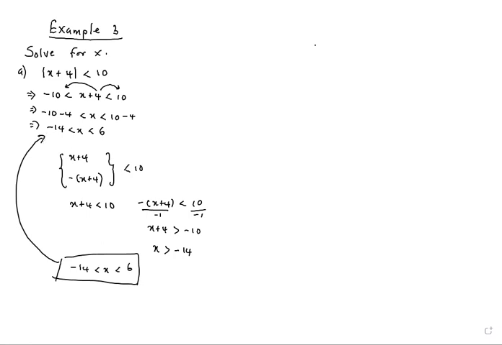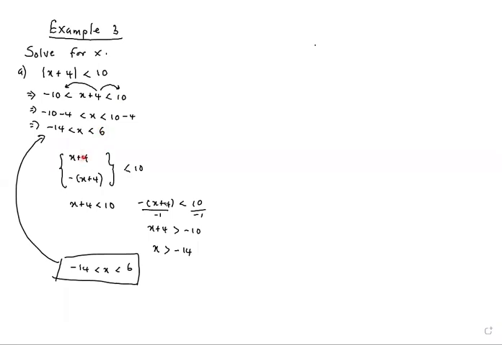So if you follow this way, since we only have less than 10 here, we'll now introduce the other one so that we form 2 of them. But for the other one, there will be a negative. This same number will be in negative form on the left, less than the thing inside the modulus. Now without the modulus, less than 10. Then you take 4 this side, take 4 the other side, so that you have -14 less than x less than 6.